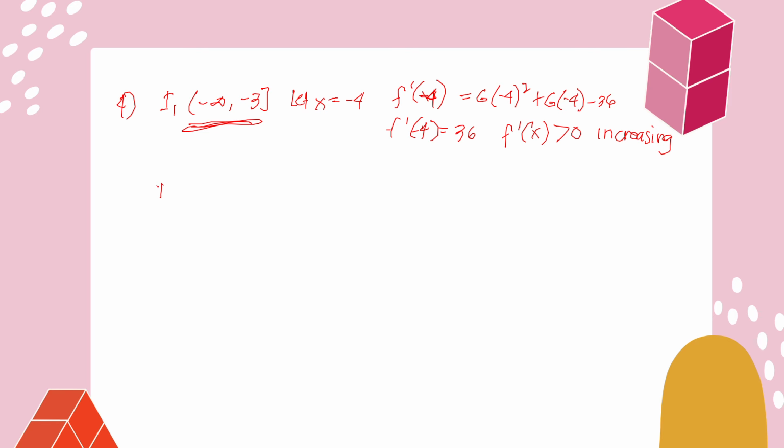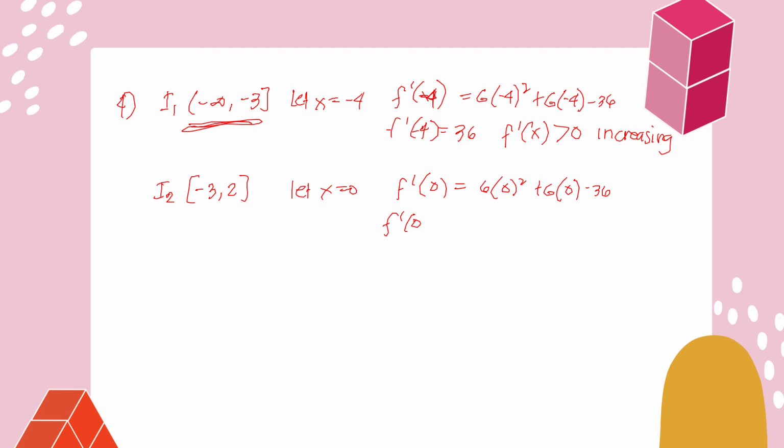Next one is interval 2, closed negative 3 to closed 2. So let us have from negative 3 to 2, and we could make use of 0. So f prime of 0 is equal to 6 times 0 squared plus 6 times 0 minus 36.